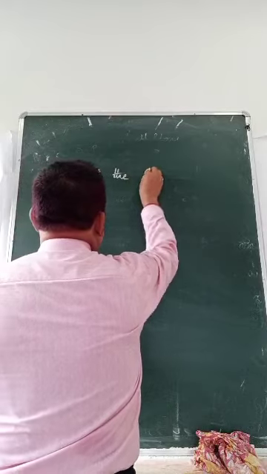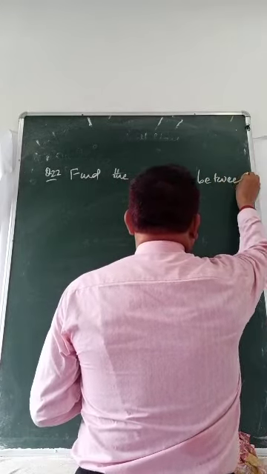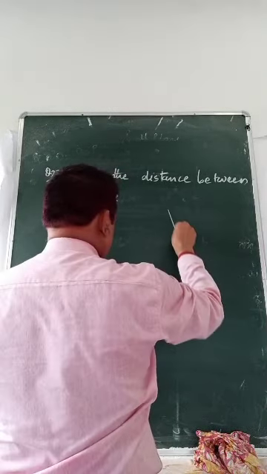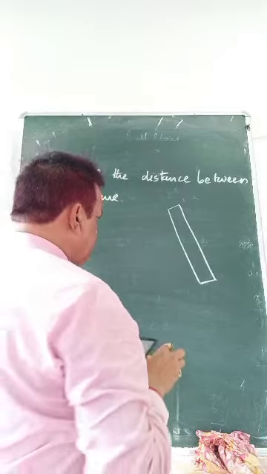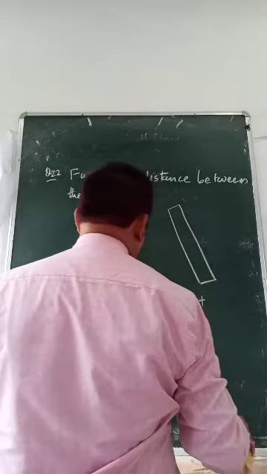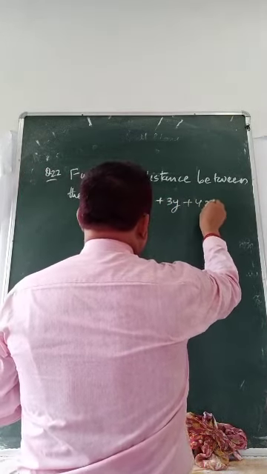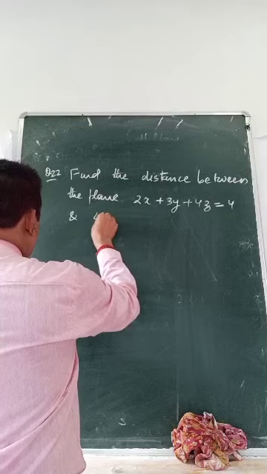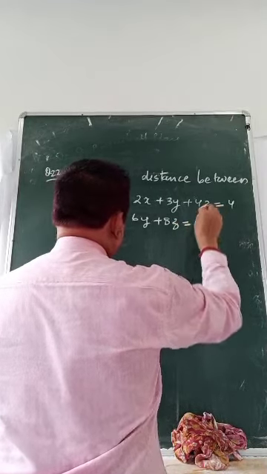There is one plane, 2x + 3y + 4z = 4, and the other plane, 4x + 6y + 8z = 12. Let me write the question first.